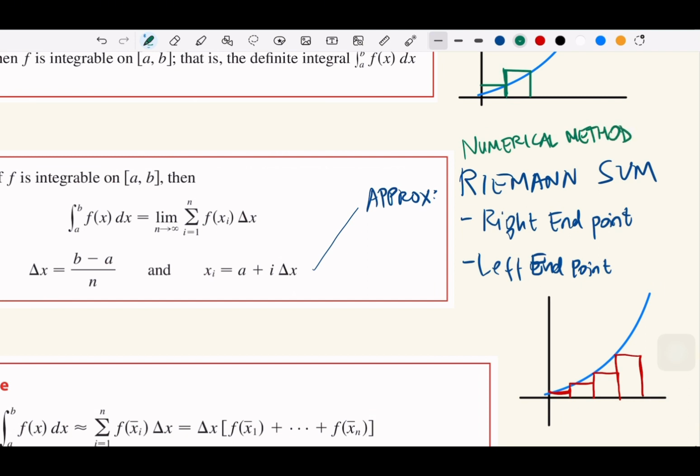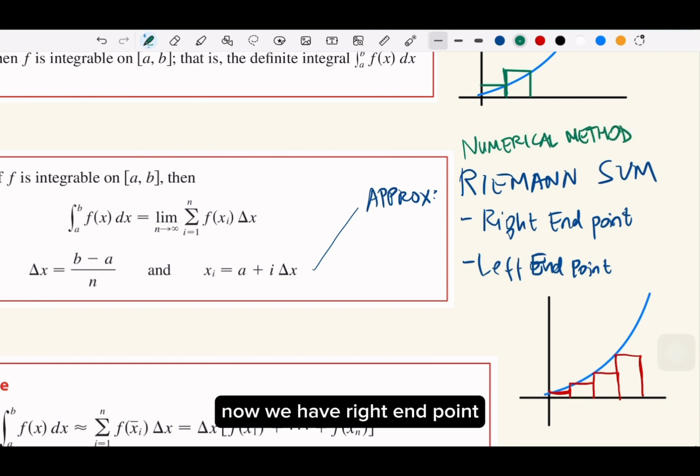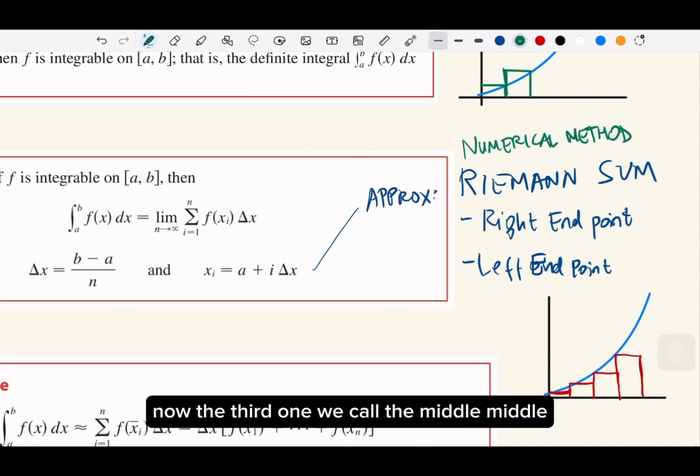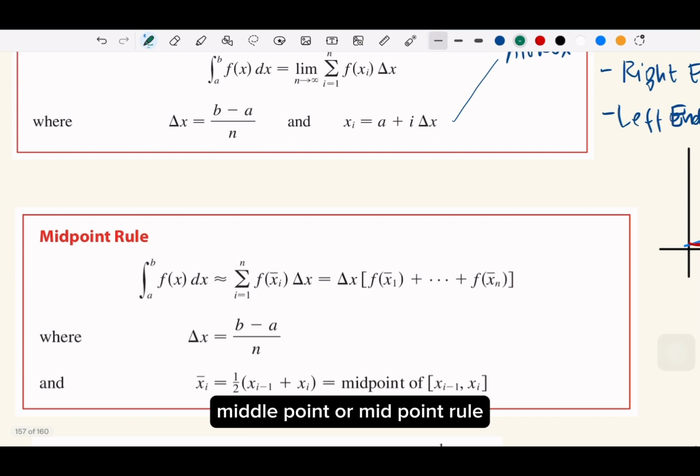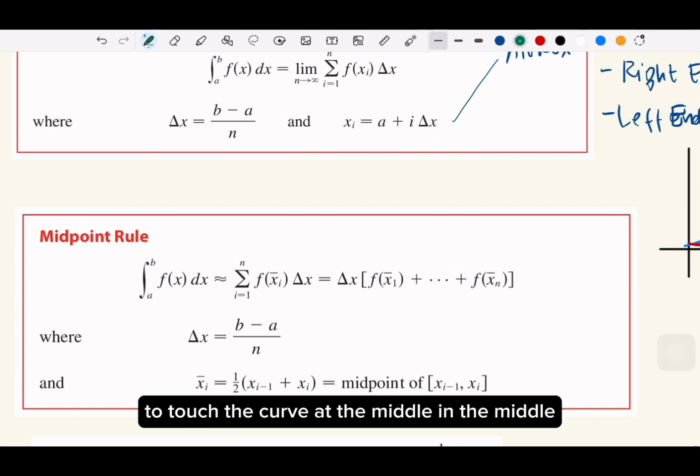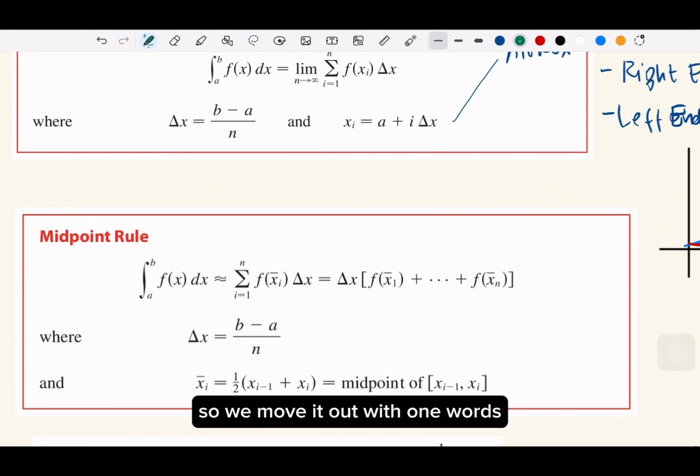Okay. Now we have right endpoint, left endpoint. Now the third one we call the middle point or midpoint rule. The difference is just this, okay, the xi. So we set the rectangle to touch the curve at the middle, okay, in the middle part. So we multiply with 1/2.